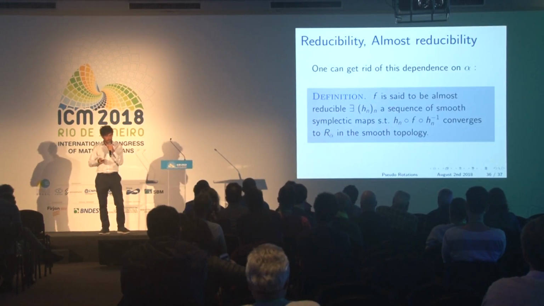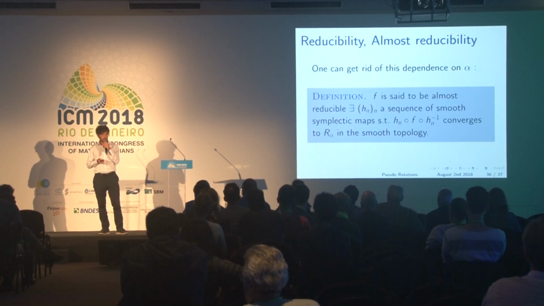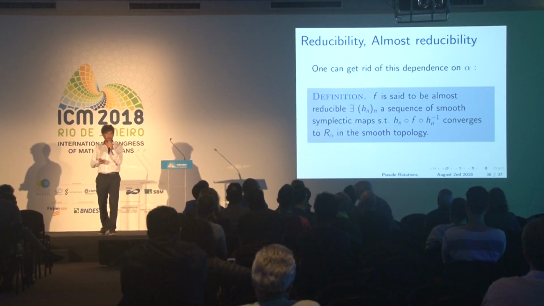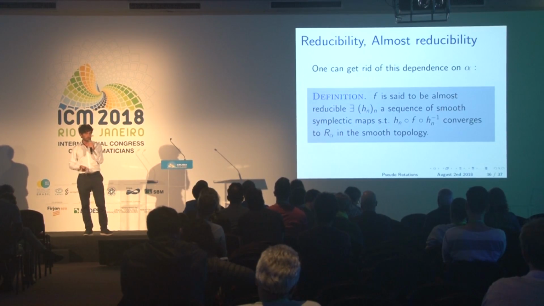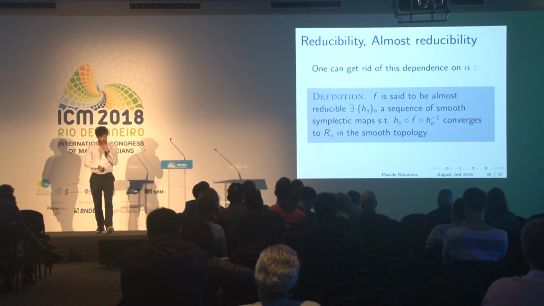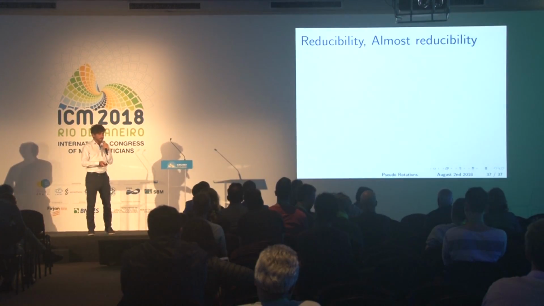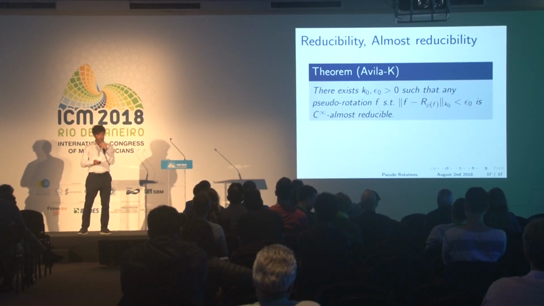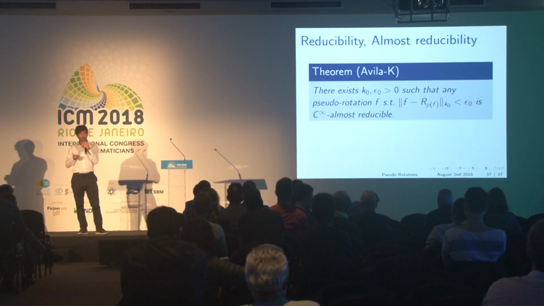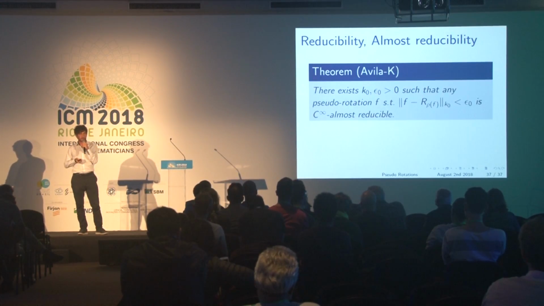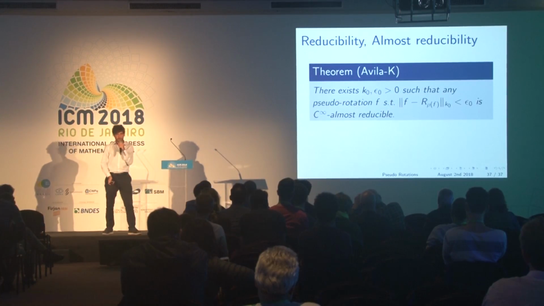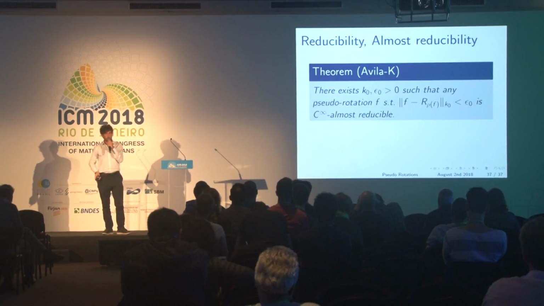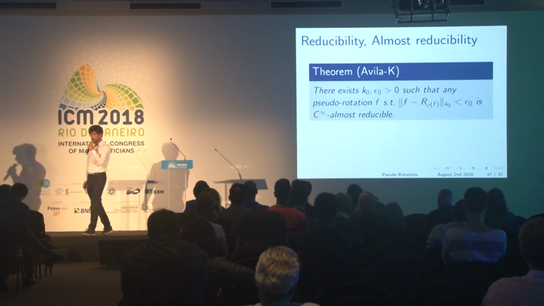You say that a pseudo-rotation is almost reducible if you have conjugacies that bring it close to a rotation. And then you want to show that if the pseudo-rotation is within some universal constant epsilon 0 of the rotation, then it is almost reducible.